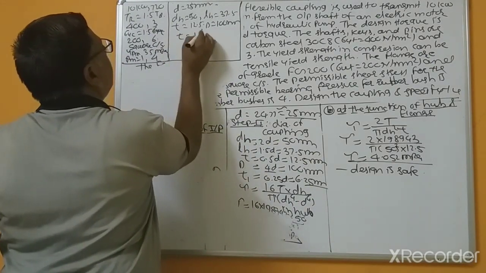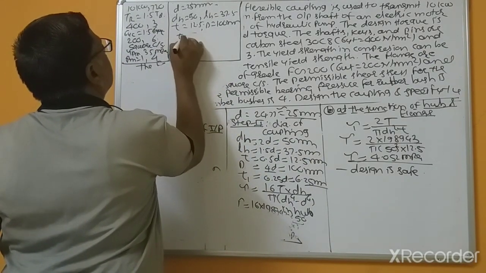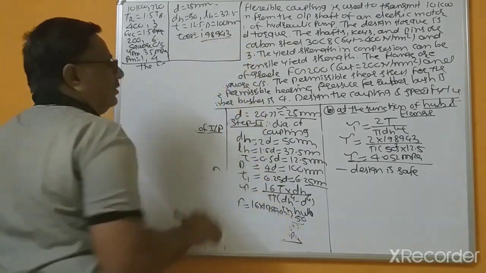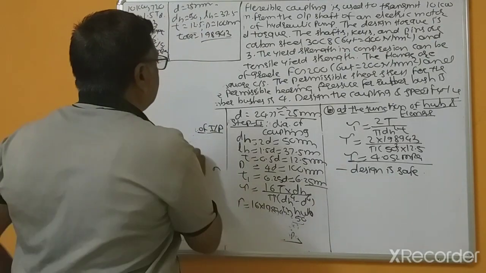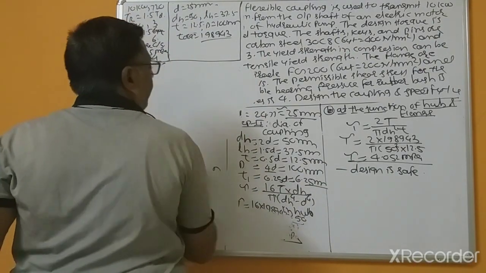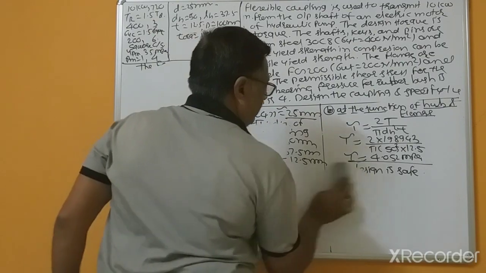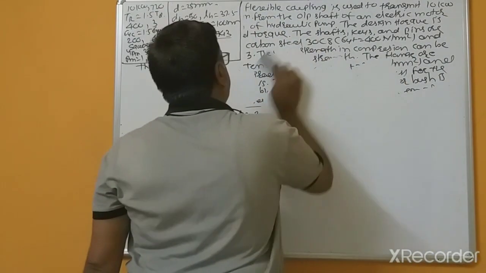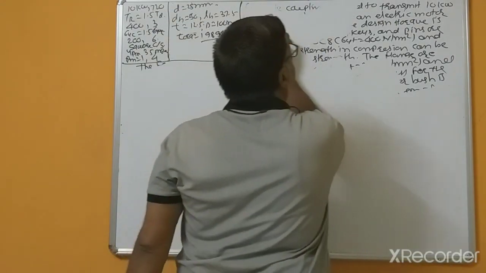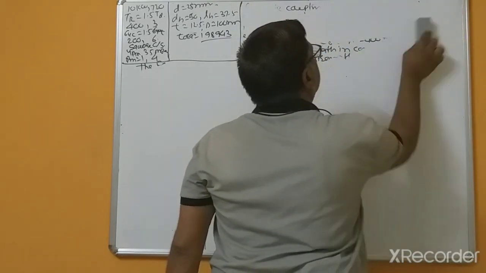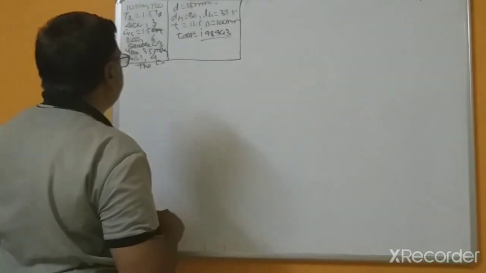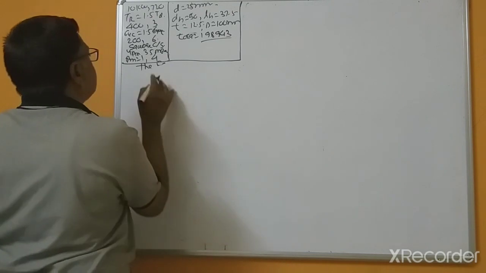T equal to 198943. So what is next step? I think fourth step. Step 4.